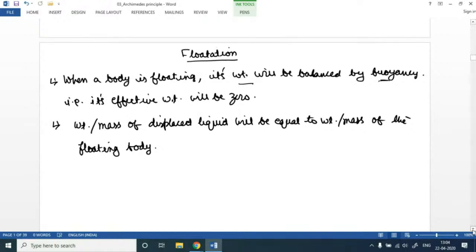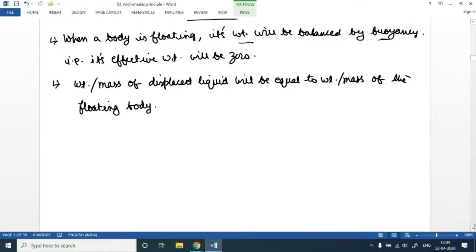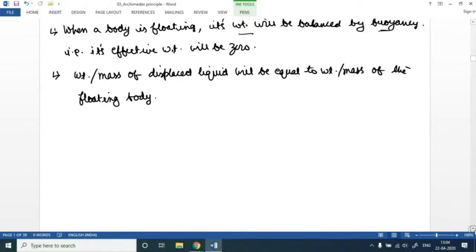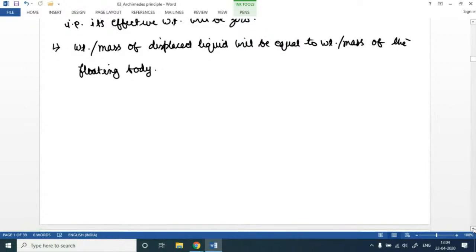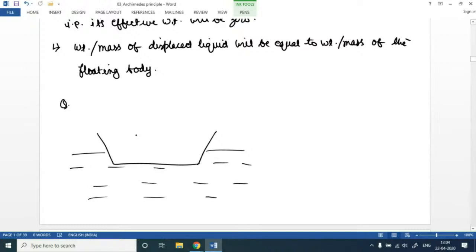So that is the difference between when a body is fully submerged and when a body is floating. Okay, so we can use this in order to answer a few tricky questions you might have already heard about. One question I'm going to mention is, say for example, there is a boat floating in some small pond, and there are some chunks of stones kept on this boat. Obviously the density of stone is greater than the density of liquid, but as these are kept on the boat, the whole system is floating on the water.